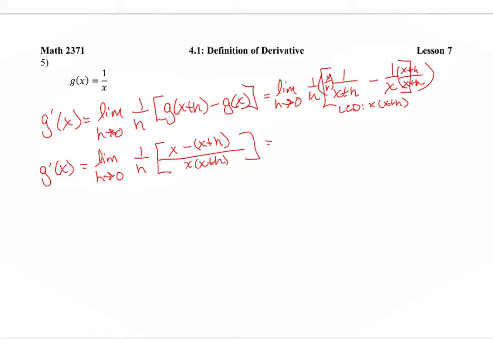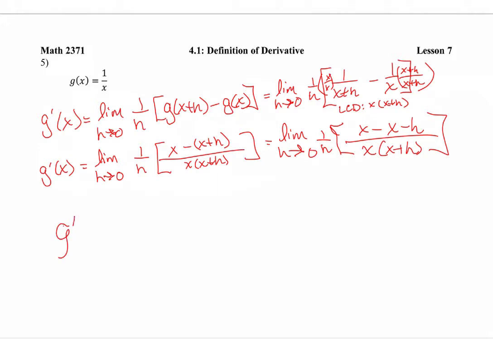Okay? So then when I simplify this, I'll have the limit as h goes to 0 of 1 over h bracket x minus x plus h all over x times x plus h.